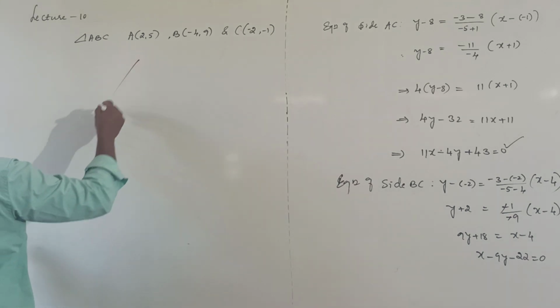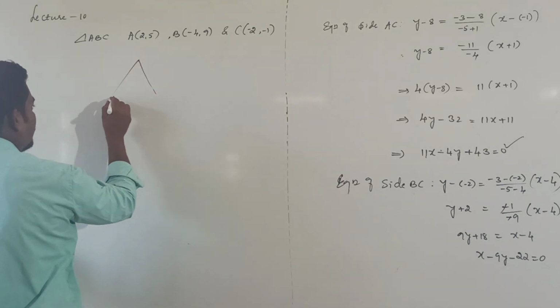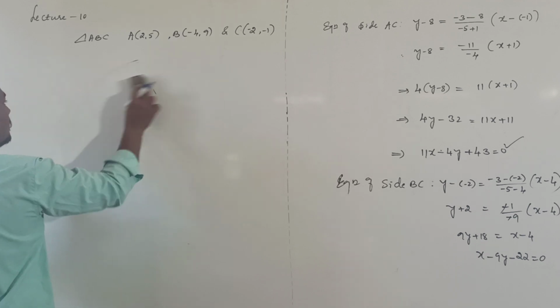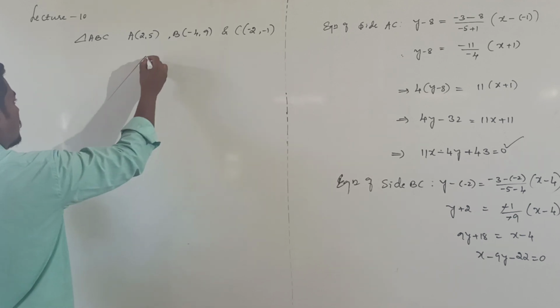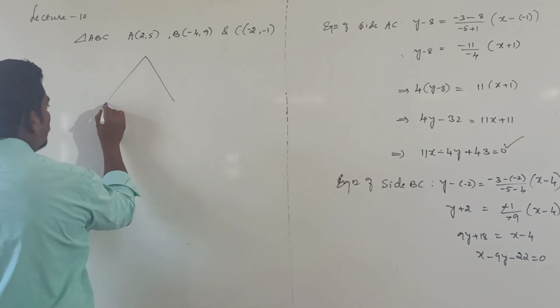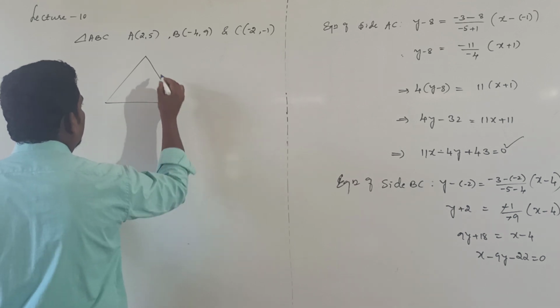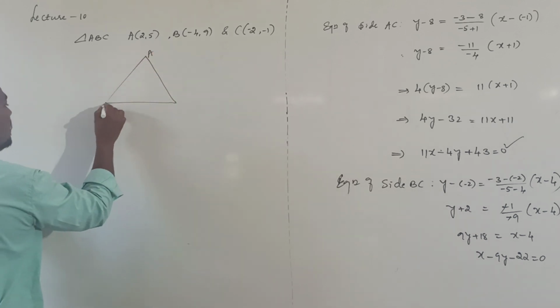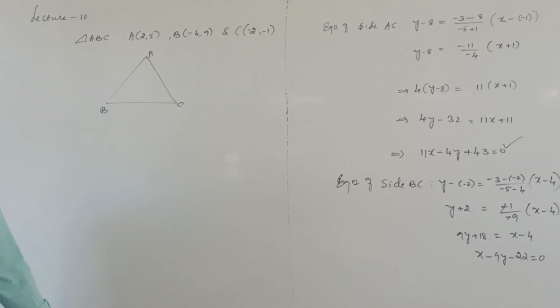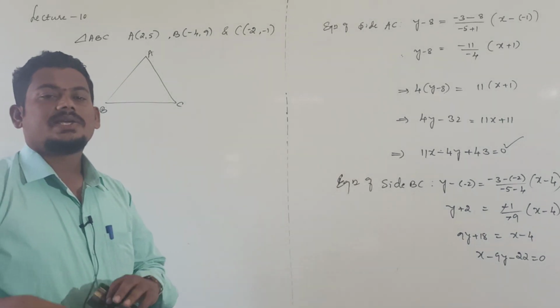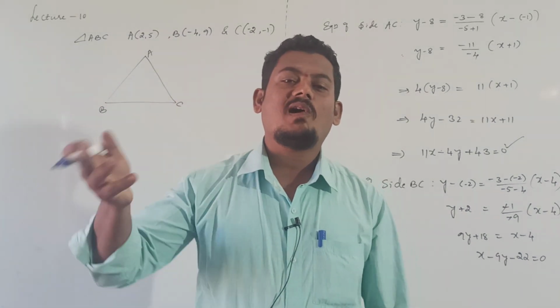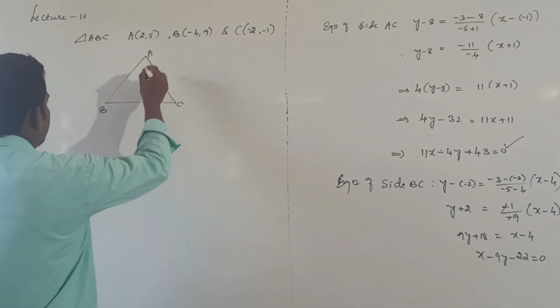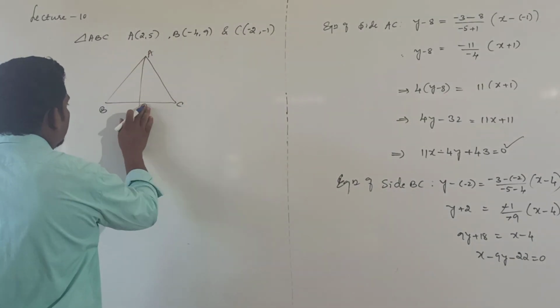Just figure out. Consider one triangle ABC, right? We need to find equations of medians, meaning all the medians. We have 3 medians for a triangle, right?